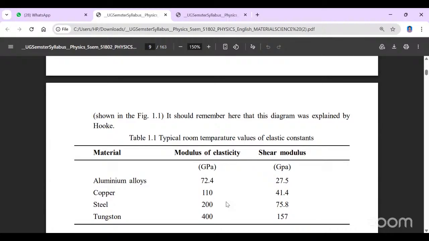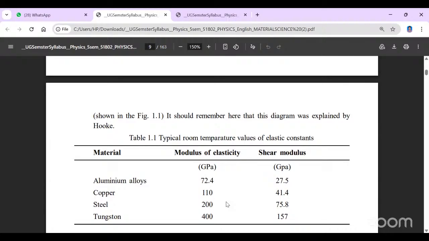It means if you apply more force on it, within the elastic limits, it will increase its length. When you apply this force, that is stress and strain, lengthwise, tungsten has the higher modulus of elasticity.